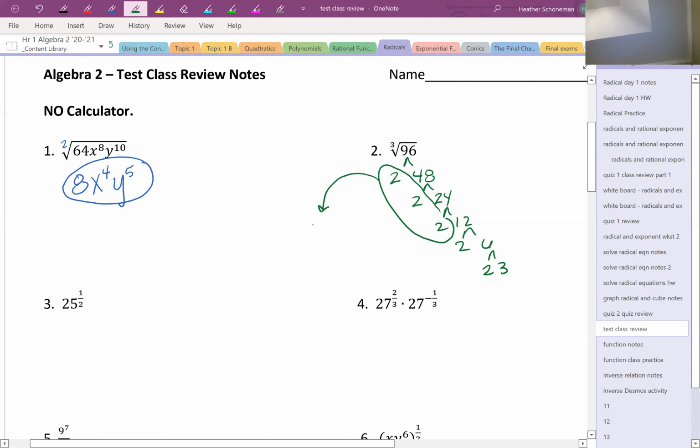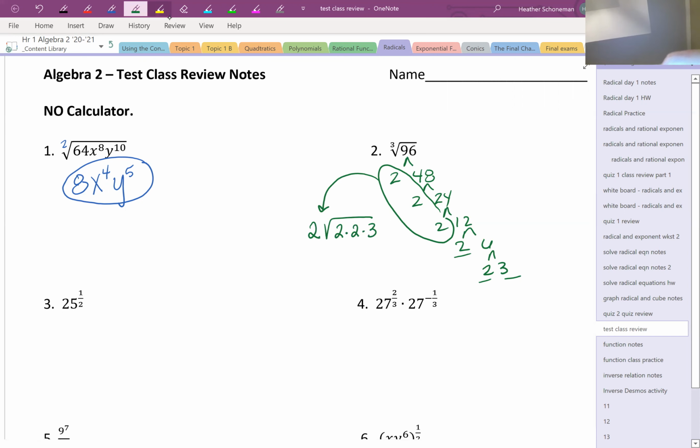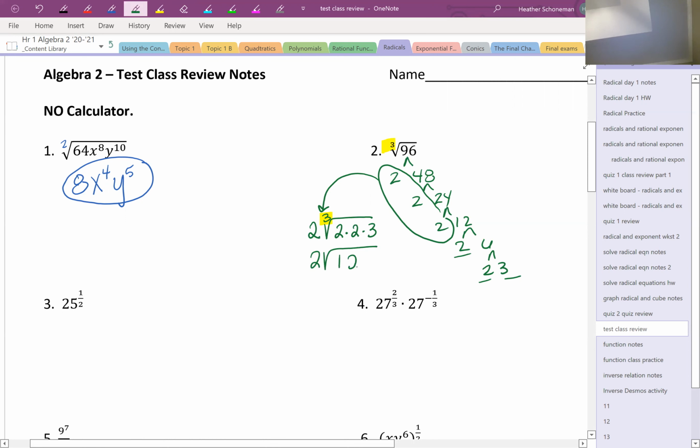Each group represents just one number outside of the radical. Anything not grouped up all gets multiplied back underneath. But don't forget, whatever number's on the shelf needs to go right there. You don't want to lose points on your test for that. So underneath, 2 times 2 is 4, times 3 is 12, and I'm putting that 3 back on the shelf.